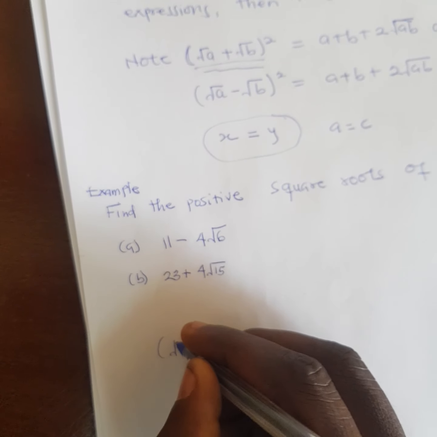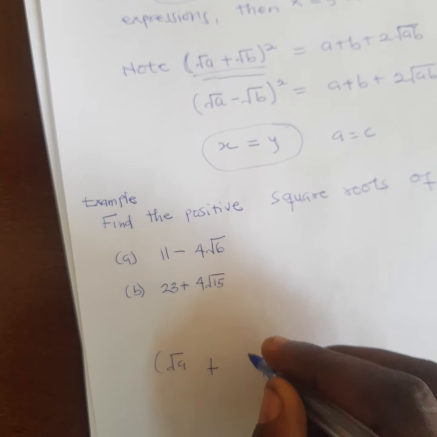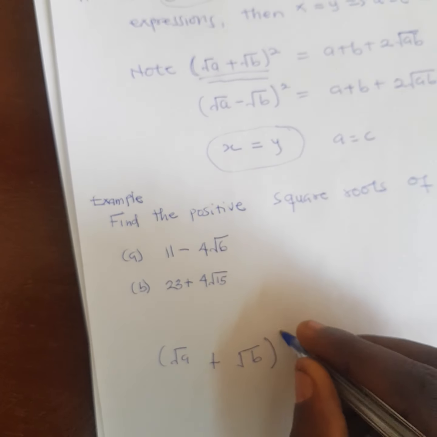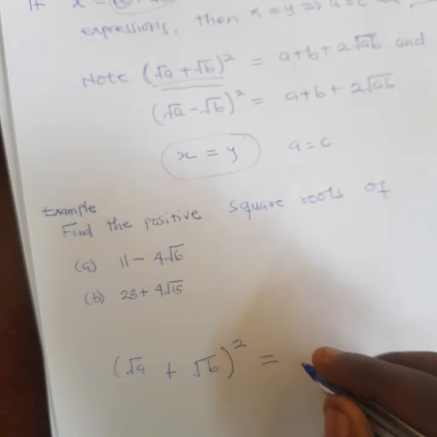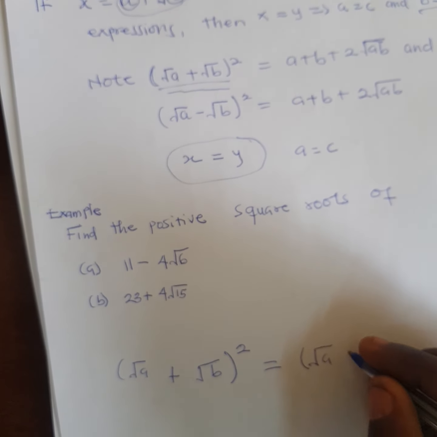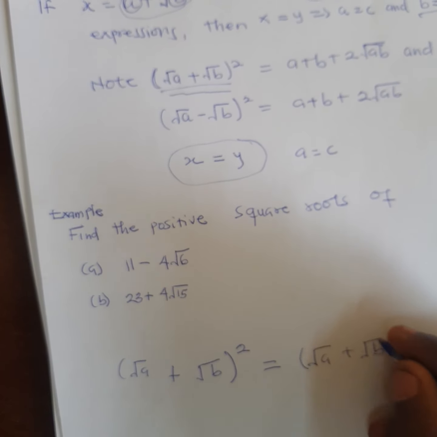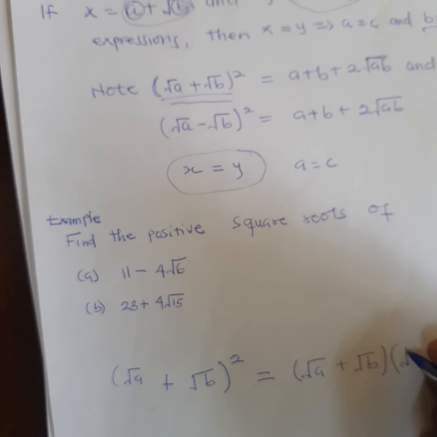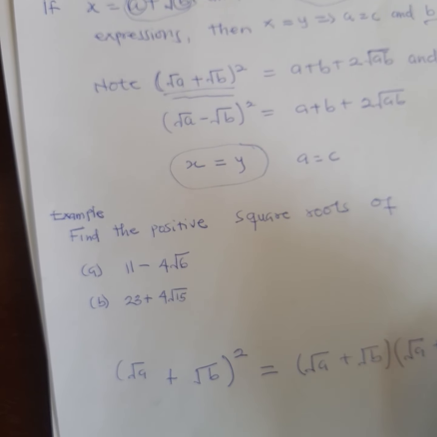Root of a plus root of b, squared. This can also be written as root of a plus root of b, multiplied by root of a plus root of b.